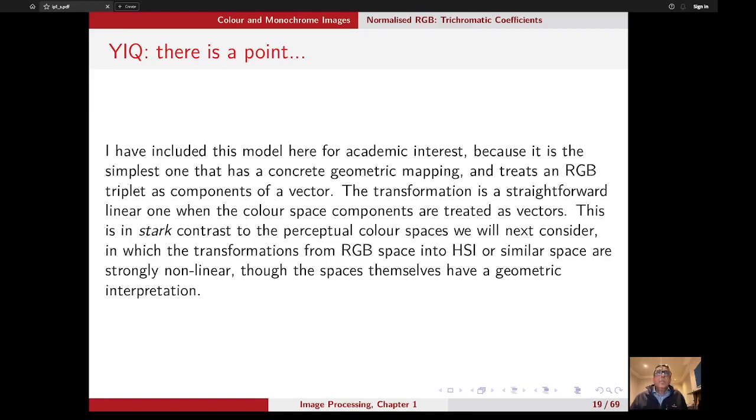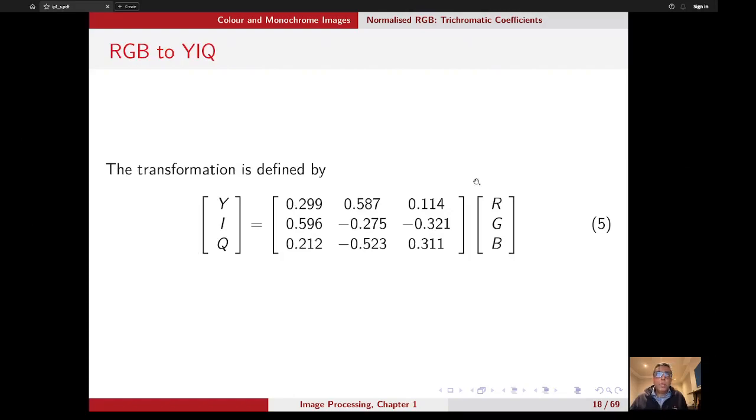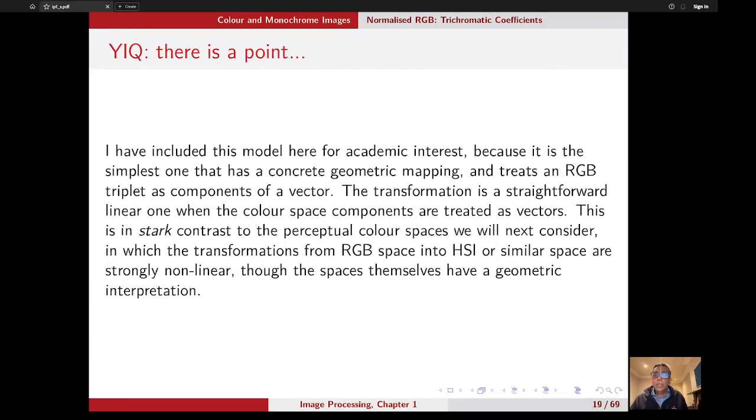Okay, so I've really included this for academic interest, but there is a stark contrast between the color spaces we have here in YIQ and also in CMY, and the HSI or HSV color spaces, which are more commonly used in the field of computer vision and pattern recognition.